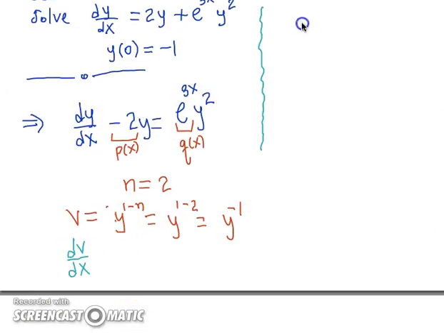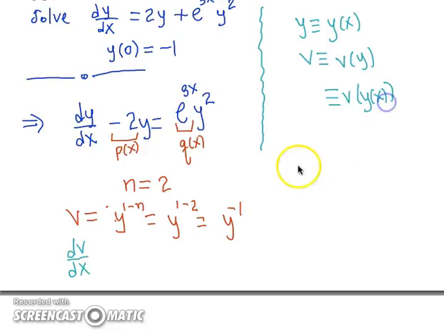So let's remember that we're assuming that y is a function of x. And by defining the new variable v in this way, we're saying that v is a function of y, but let's remember that y is indeed a function of x. So in this way, we're really assuming that v is also a function of x.